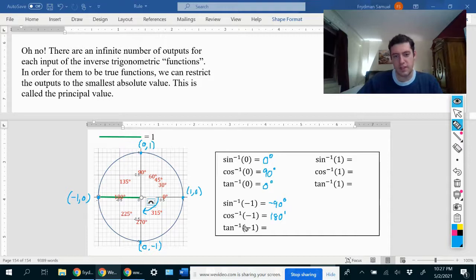So for the inverse tangent of -1, we're asking ourselves, what angle has a tangent of -1? Meaning if we were to take the y value and divide by the x value, we would get -1. So let's see, 0 divided by 1, is that -1? No. 1 divided by 0?